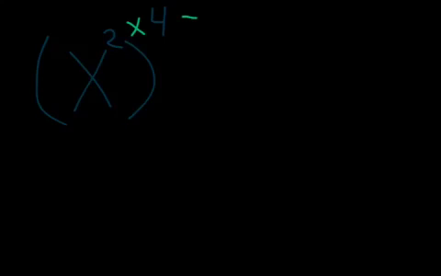So the rule with the power rule is that we multiply our exponents together. We have x to the second power raised to the fourth. 2 times 4 equals 8.